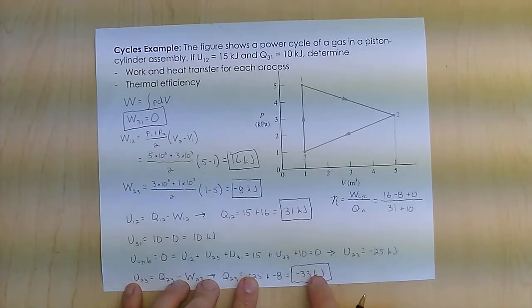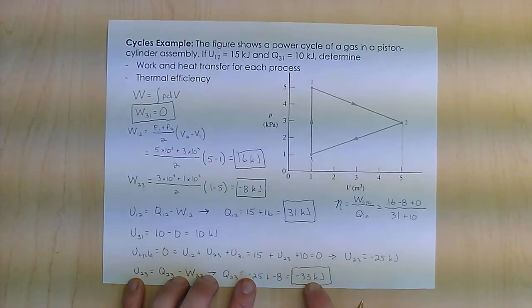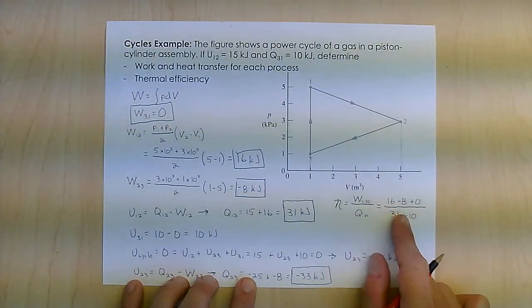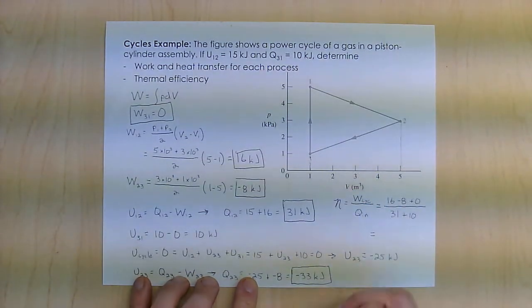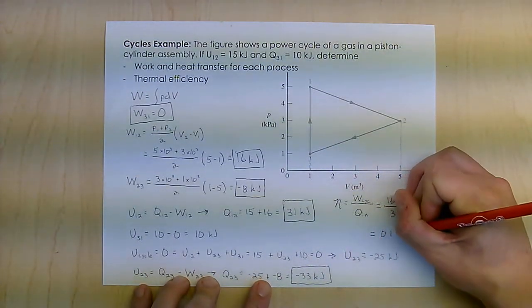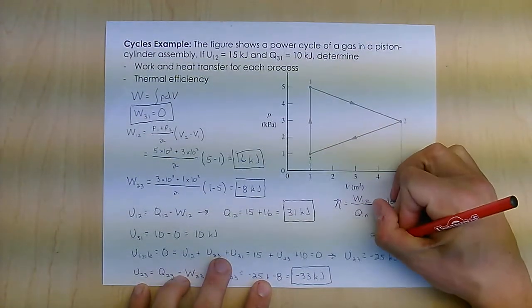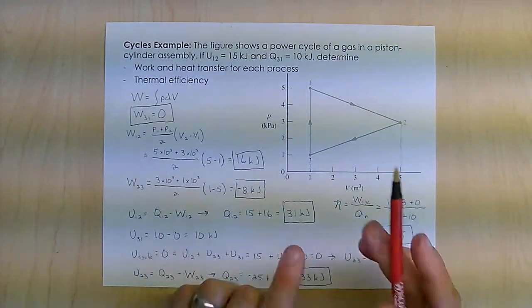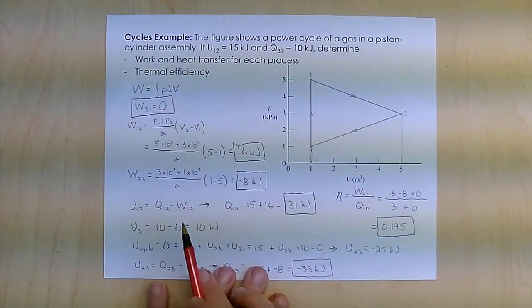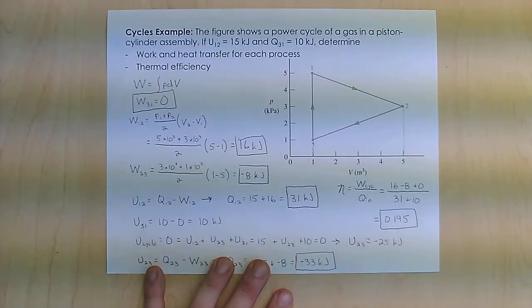I don't include this one because this is actually Q out. From this, I can calculate my thermal efficiency, and I get 0.195 or 19.5%.